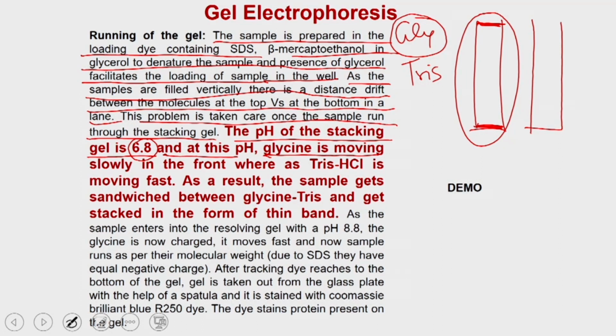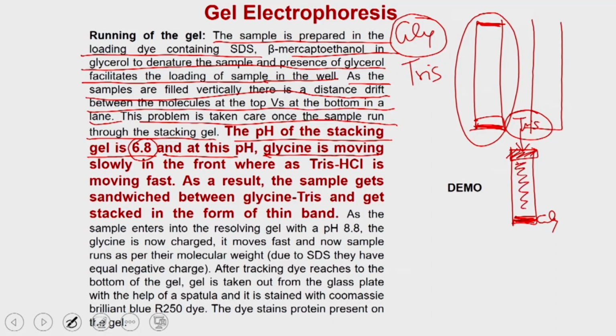So glycine is not moving. You can imagine a well where the glycine is sitting at the bottom, and from the back side you have the tris, which is a very charged molecule, and in between you have the sample.